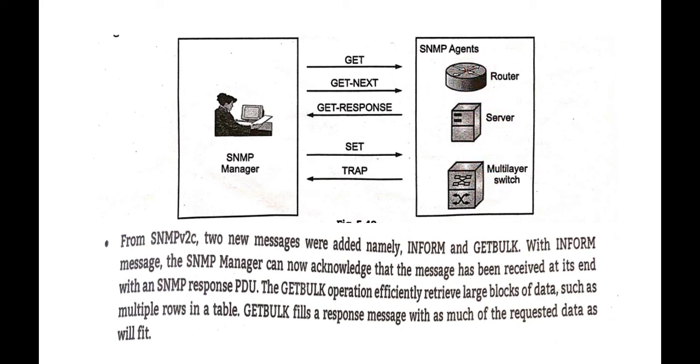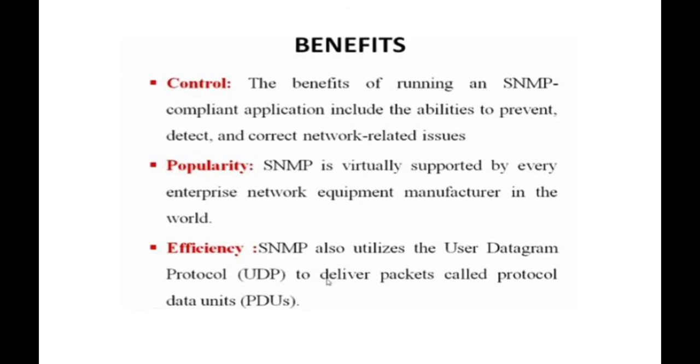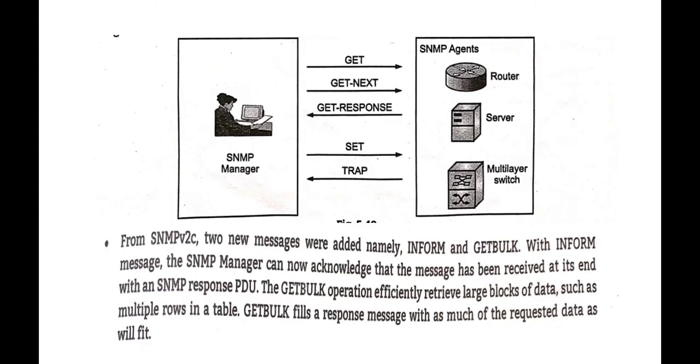If the manager wants the next data from the agent, it uses the get next command. In get next, whatever agents there are, router, server, multilayer switch, all are agents. Any that have data available take that data from the MIB database and provide it to the manager. Then the get response is returned according to the request ID. So the agent also responds to the particular manager: whatever request comes from the manager to the agent, the agent responds with that data.